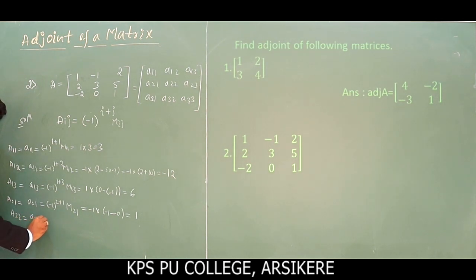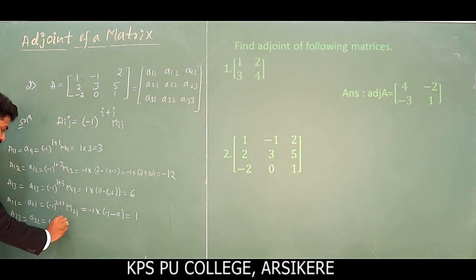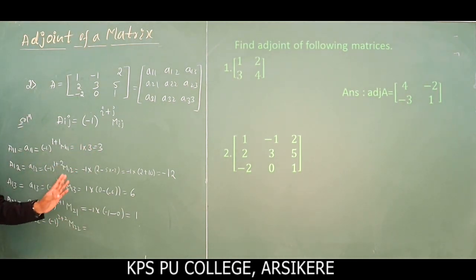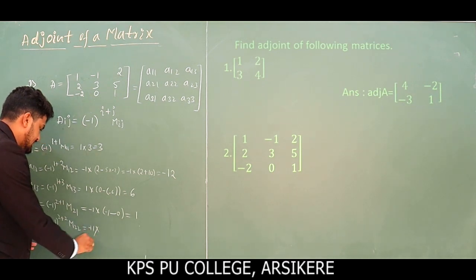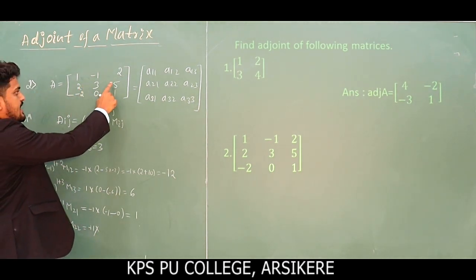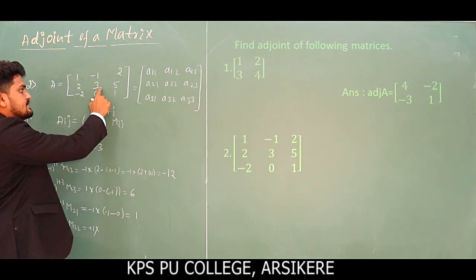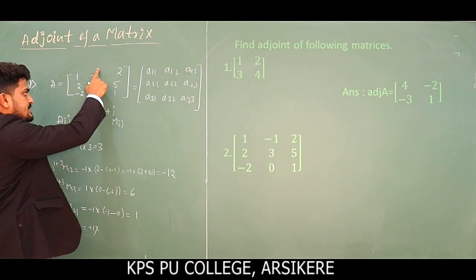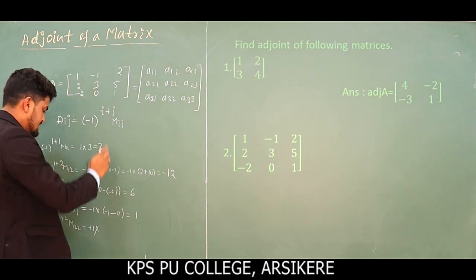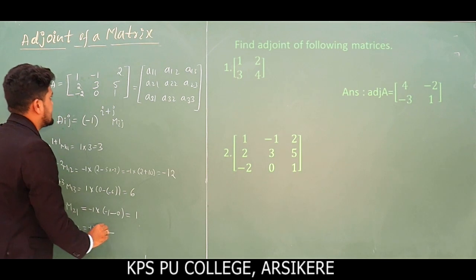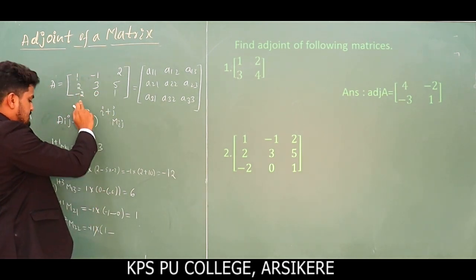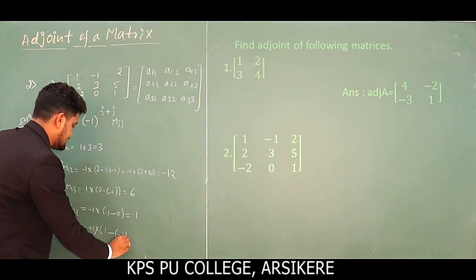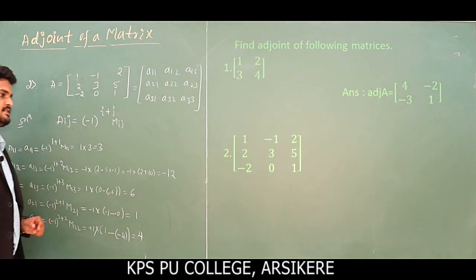So A22 is minus 1 to the power of 2 plus 2 into M22. So minus 1 to the power of 4 will become plus 1 into M22, eliminating the ith row and jth column, because we are finding the value of the minor M22. So the remaining is 1 into 1 minus of minus 2 into 2, minus into minus will become plus 4.